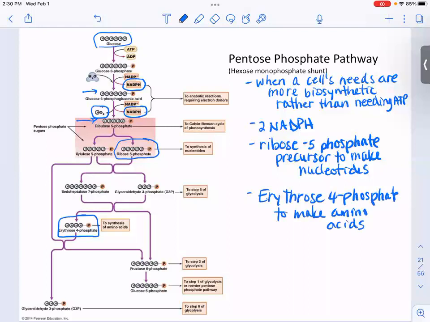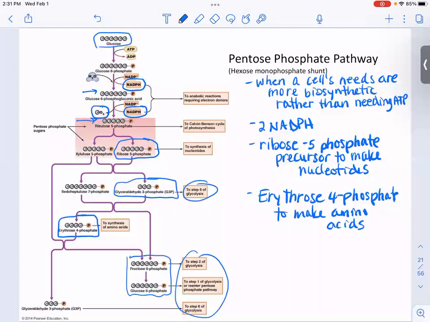And if the cell doesn't end up needing either one of those things, then it can make this glyceraldehyde 3-phosphate, or even end up here as another intermediate of glycolysis. So whatever's left over can get shunted into glycolysis and then still get a little ATP or maybe electrons out of glycolysis.